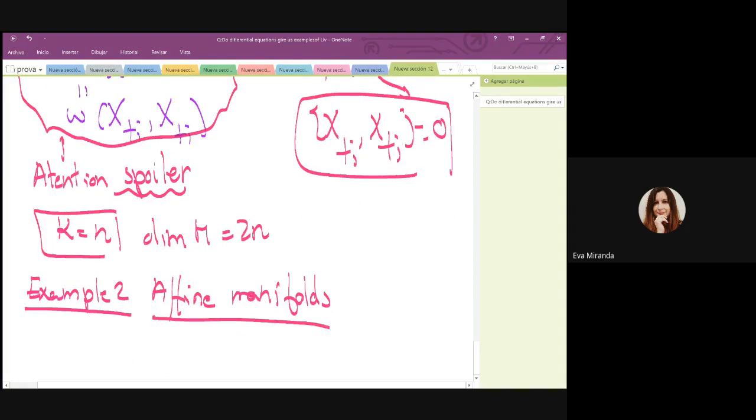An affine manifold is a manifold whose changes of coordinates are affine transformations. And the interesting thing is that in the case of affine manifolds, if you have a manifold of dimension n, then in this case K is equal to n. And you have indeed n vector fields that pairwise commute.